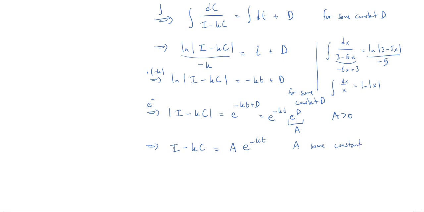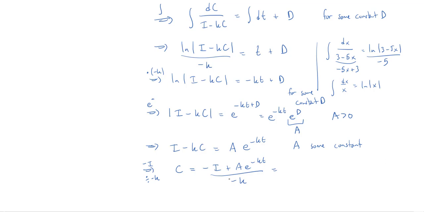All right, well now I'm trying to solve for c. That shouldn't be so bad. I'll subtract I and then divide by negative k. So let's see, we're going to get c equals, when I subtract I, I'll get a negative I plus a e to the negative kt, and then I divide by negative k, and I can rewrite this.